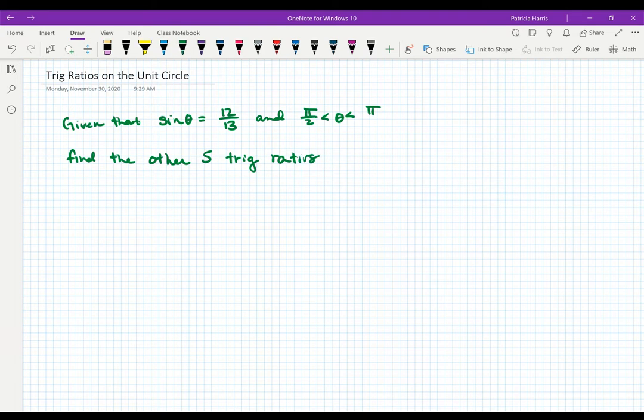Okay, so now I might just ask you for like find cosine or just find tangent, but we're going to do all 5 just to kind of get into the others of them.